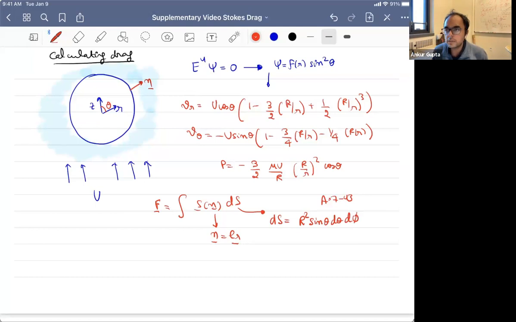Note that it is r square sine theta d theta d phi. I have used small r as capital R because we are on the surface of the sphere. If you look in the book, it is a small r, but small r is equal to capital R on the surface. So that's why the ds is like that.